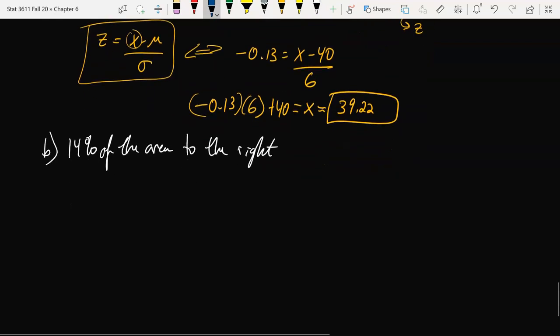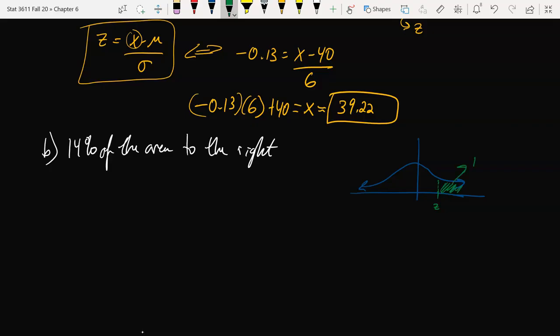Maybe we'll draw a picture if I need to. And I'm going to start again by thinking about this in the standard normal sense. So I've got a mean centered at 0 here. 14% of the area to the right. So there's going to be some value for z here that's going to leave me this area to the right of this.